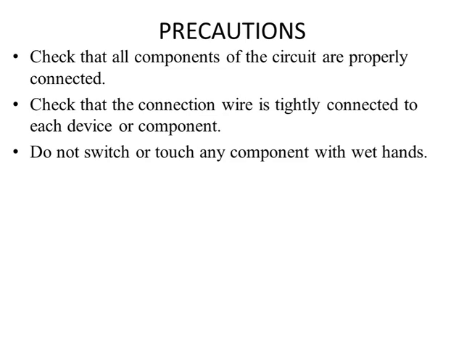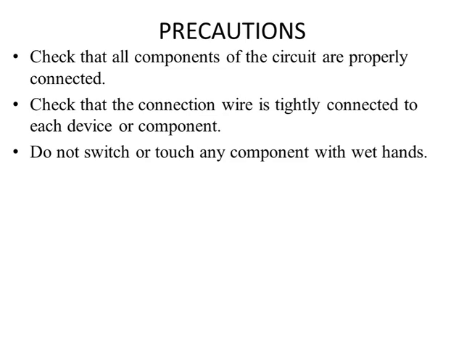So the precaution says check that all components of the circuit are properly connected. If you want to report your own after doing it, say "I ensured that I checked all the components of the circuit and they were properly connected." The second one I said is check that the connecting wire is tightly connected to each device or component.